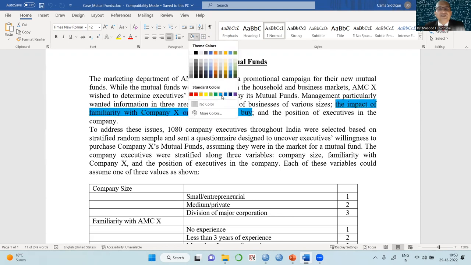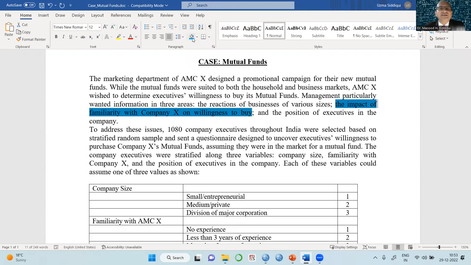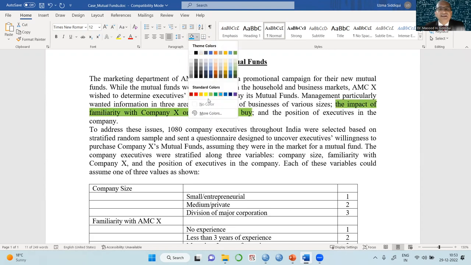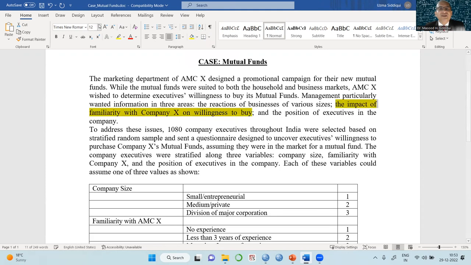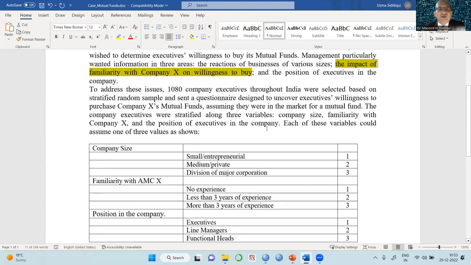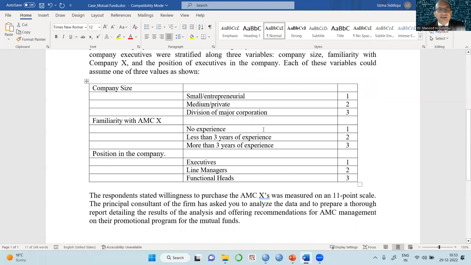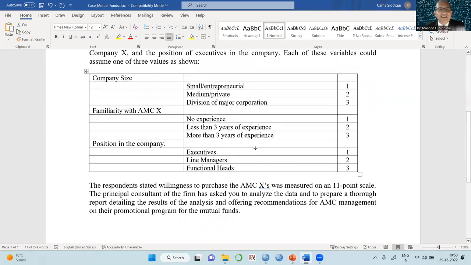This is the part we will be discussing in this case: they want the relationship between these two things, the impact of familiarity of company X on the willingness to buy. The willingness to purchase was measured on an 11-point scale.